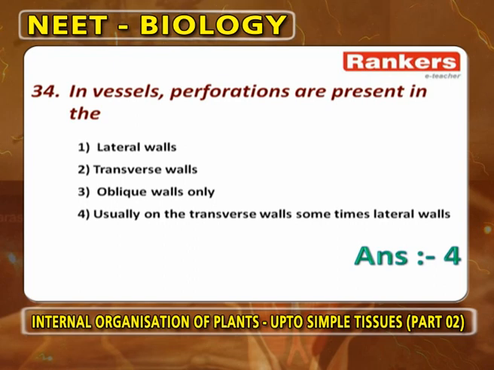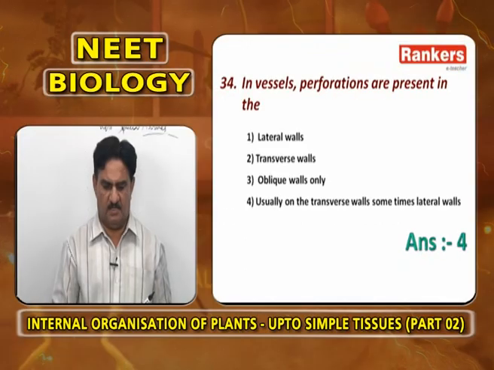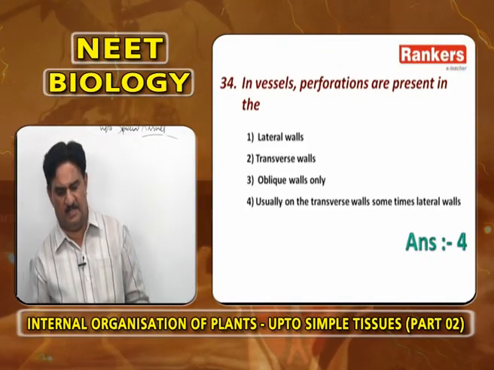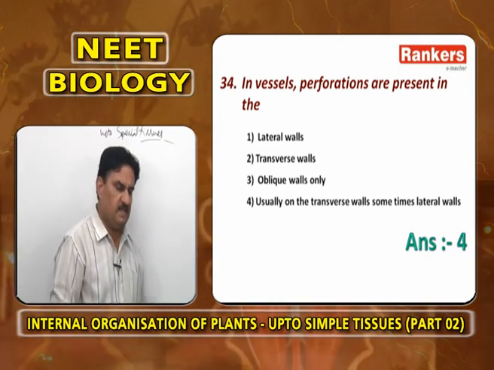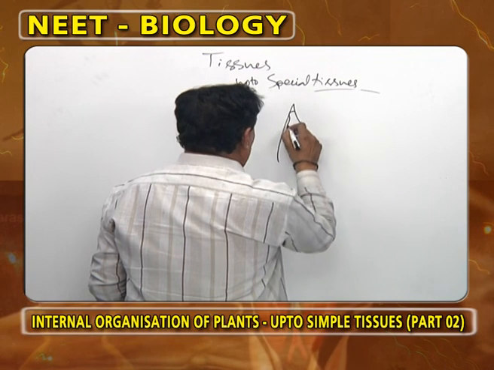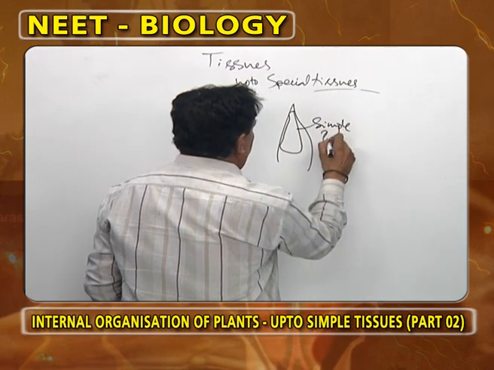In vessels, perforation plates are present in the lateral walls is wrong, transverse walls is wrong, oblique walls is wrong. Usually on the transverse walls, sometimes in the lateral walls is correct. What is a perforation plate? Wherever the end walls are open, if only one plate is there, that is called simple perforation plate.